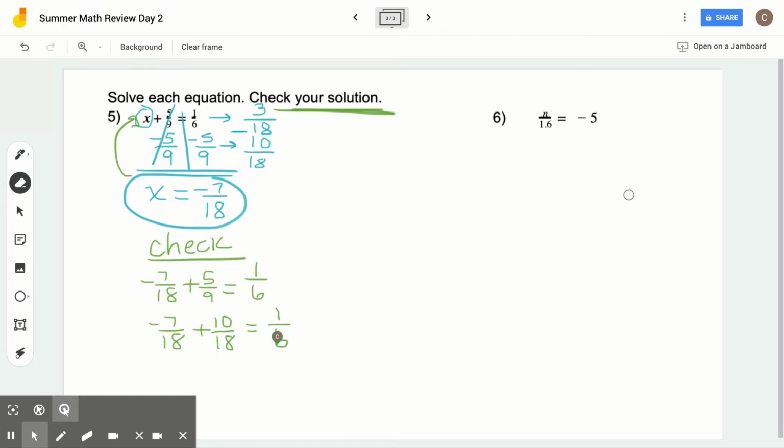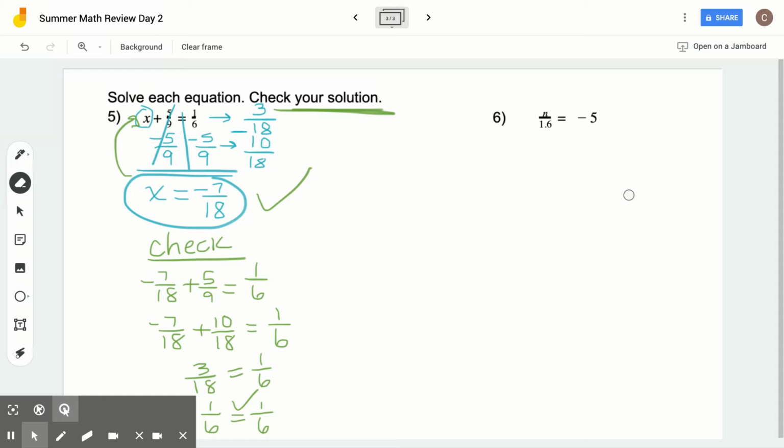Now we can add. Negative 7/18 plus 10/18 equals 3/18. And 3/18 can be simplified to 1/6, which is in fact equivalent to 1/6. So we know that our solution is correct. This is a great tool and a great strategy to check your work.